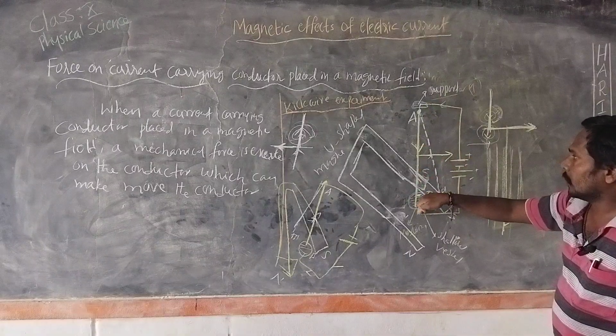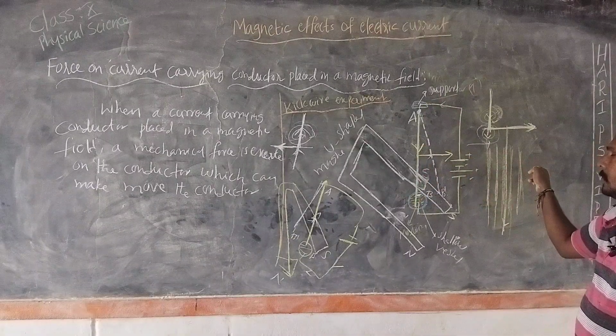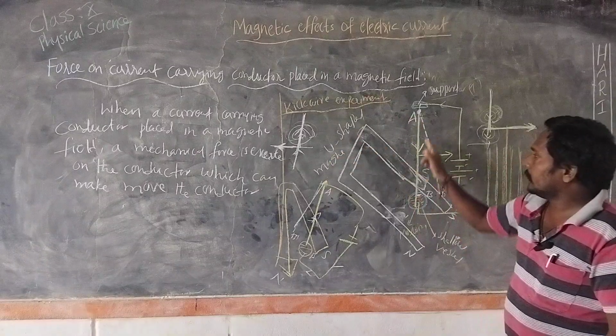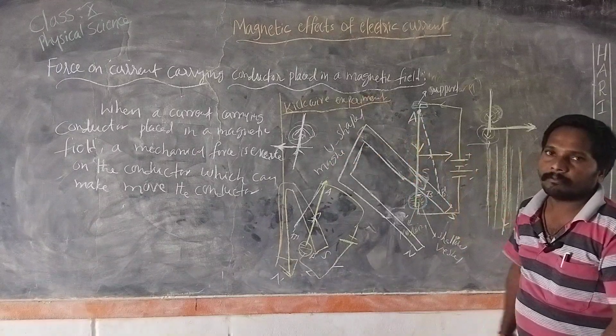So when the current is vertically down, it moves towards the east. Then when vertically up, it moves towards the west.